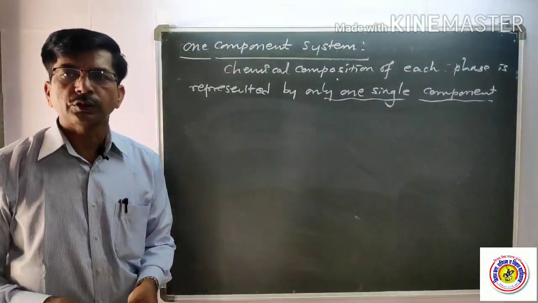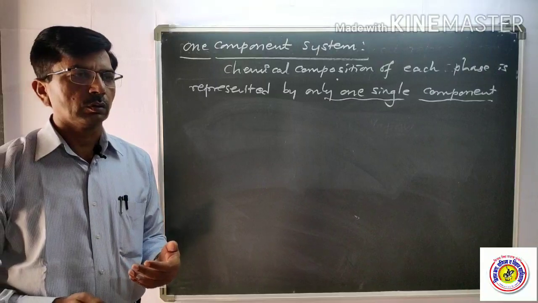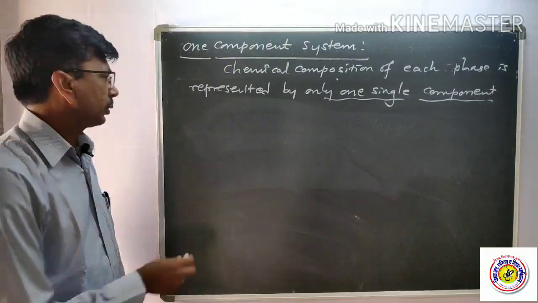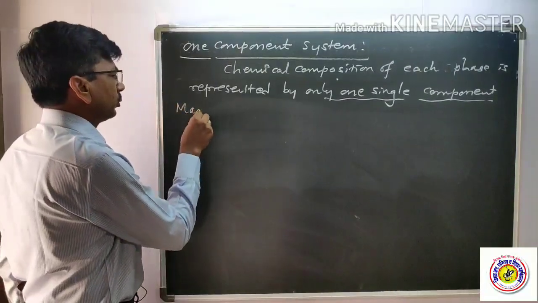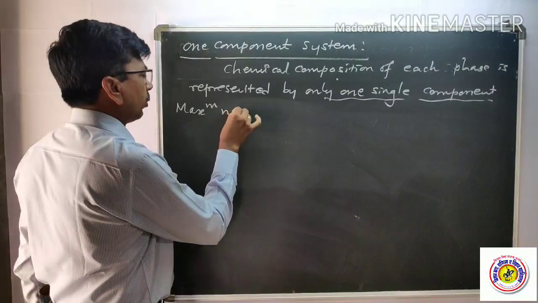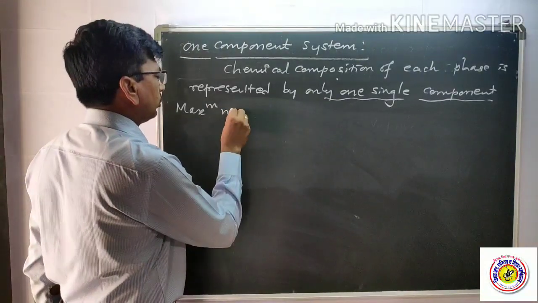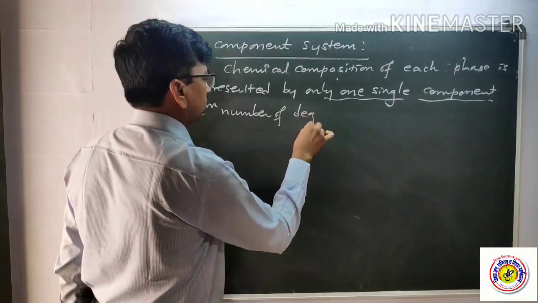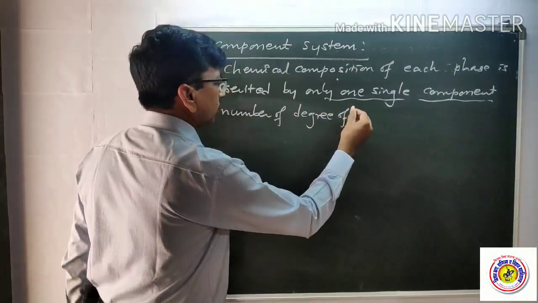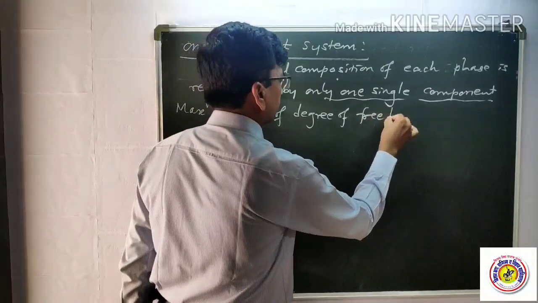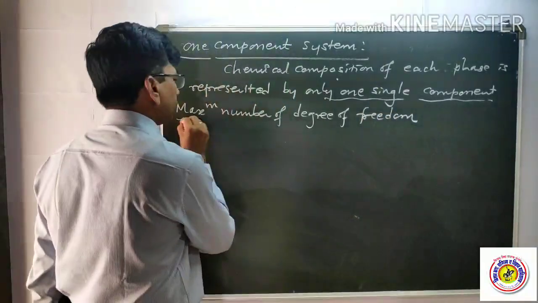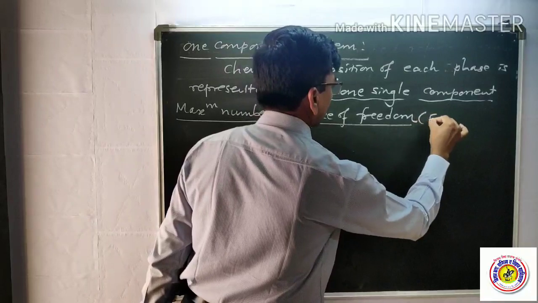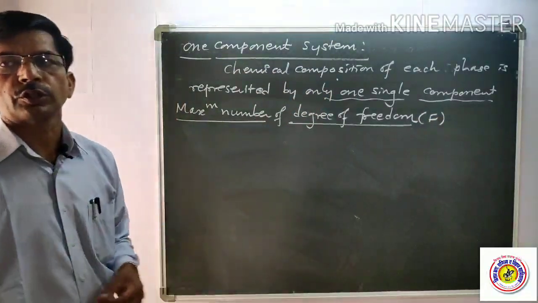How to calculate the maximum number of degrees of freedom for this particular system?